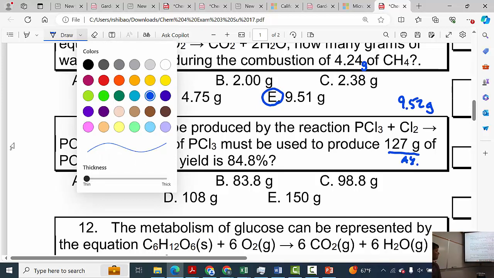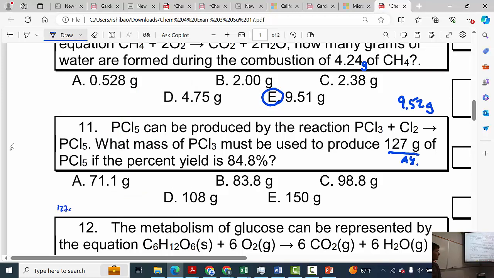And so what we want is 127 grams of PCl5 actual yield.